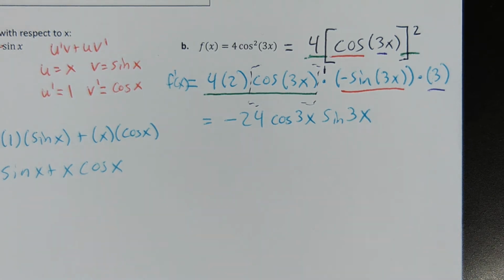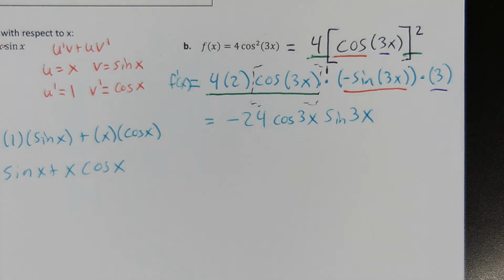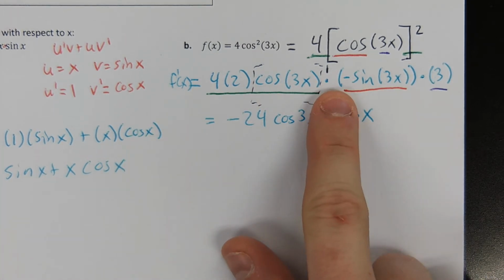Then we had to tackle the derivative of the inside of those brackets, which is a red structure. It's a cosine of some crap. The derivative of cosine of some crap is negative sine of that crap. And then you have to do the derivative of that crap, which is the derivative of 3x, which is where this purple underlined 3 is coming from. And then 4 times 2 times 3 times negative 1 is negative 24.